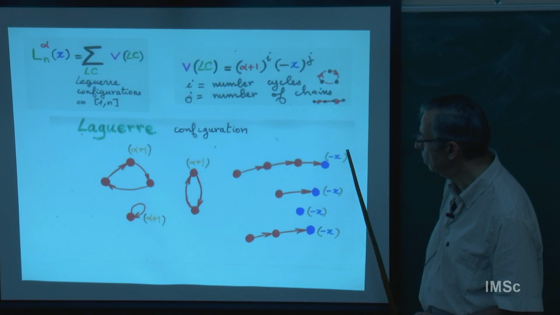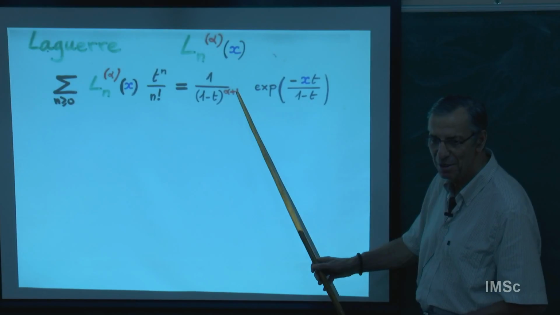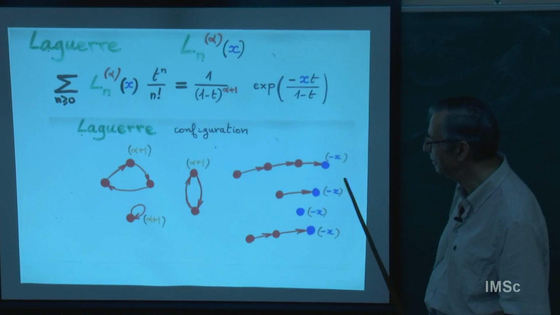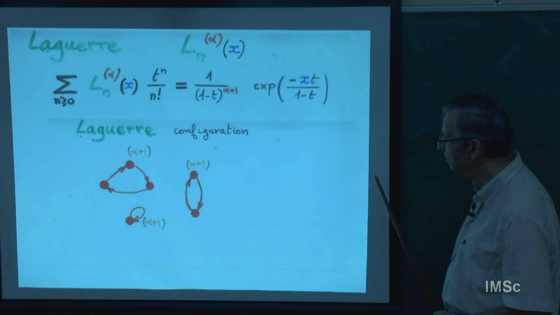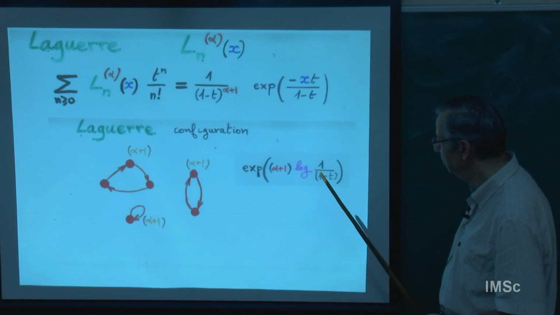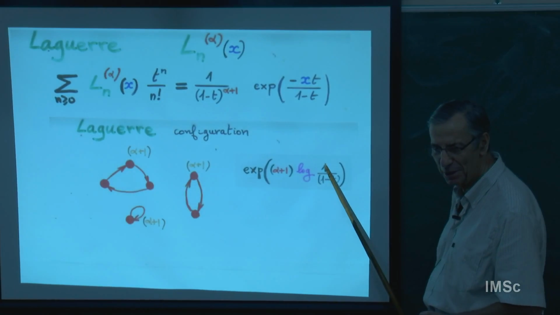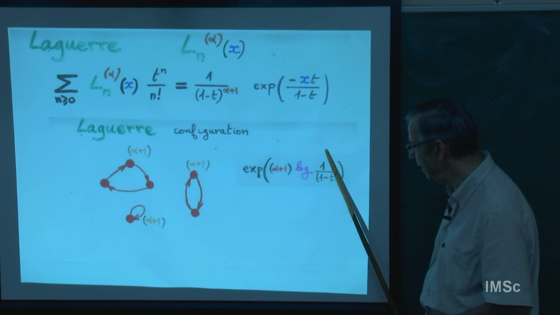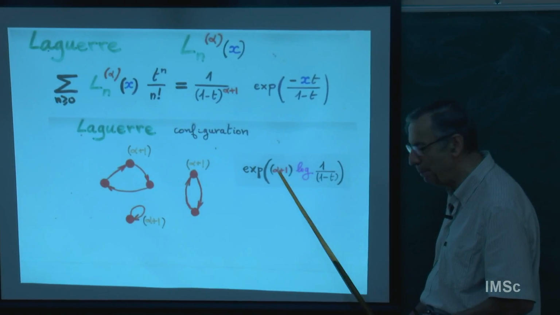So I have to just show that weighting cycles means taking the power alpha plus 1 of 1 over 1 minus t. So I take this left part of the Laguerre configuration. So cycle, what is the generating function of cycle? It's the logarithm of permutation, so it's the logarithm of 1 over 1 minus t. Now I multiply by alpha plus 1.